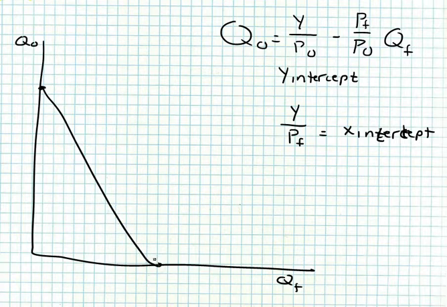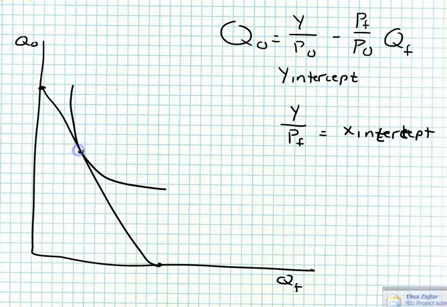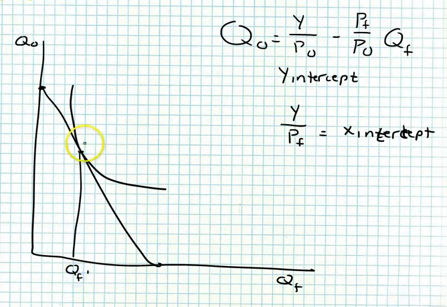Plot a line. We can add a particular set of consumer preferences, and we know that the point of tangency of the indifference curve and the budget line represents equilibrium, where this consumer will demand QF1 quantity of food and QO1 quantity of other goods.